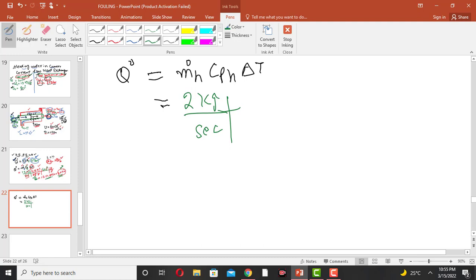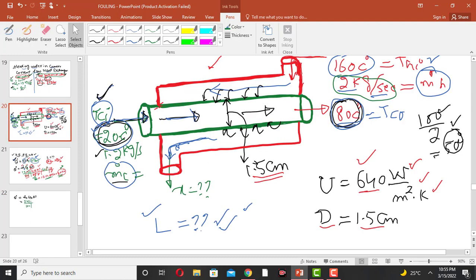Now the specific heat of the hot fluid will be obtained from the average temperature. For example, 160 and this temperature divided by 2, but this temperature is unknown to us.